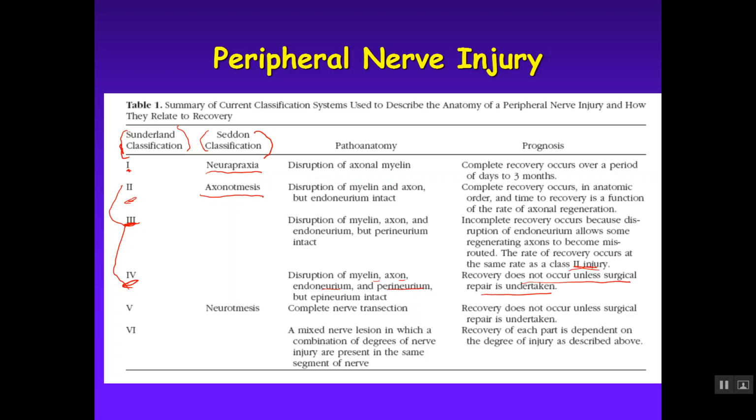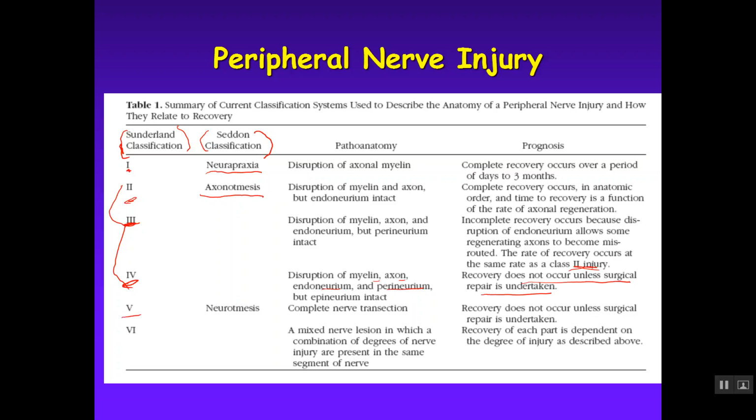If you have disruption of all the internal aspects of that nerve except for the outer part, it's going to scar down, and you're probably not likely to get reconnections within those areas. If it's damaged enough, they have to go in, create a clean cut, take that little segment out, sew it back together, and hope they can get some regeneration. They're getting better and better at this, okay?